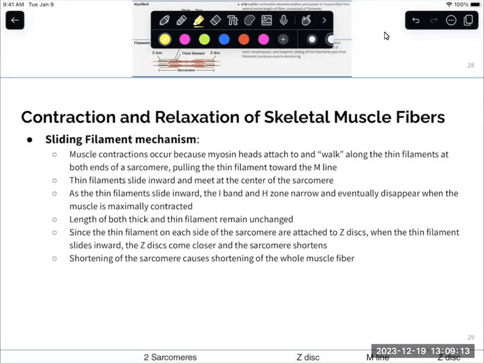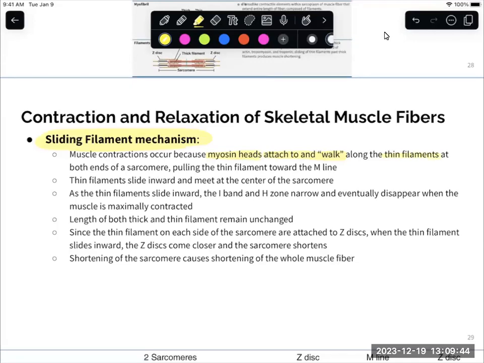So we use the sliding filament mechanism or sliding filament theory of how muscles contract. Muscle contraction happens because these myosin heads are going to attach and walk along that actin filament.